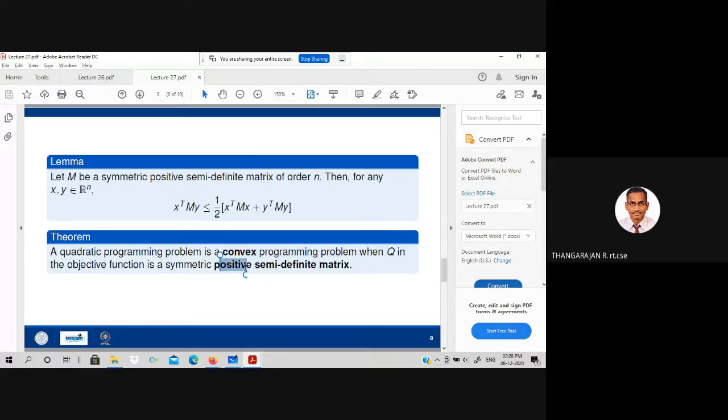What do you mean by positive semi-definite matrix? When you take the determinant of the matrix, it should be equal to or greater than 0. If so, then the matrix is said to be positive semi-definite.